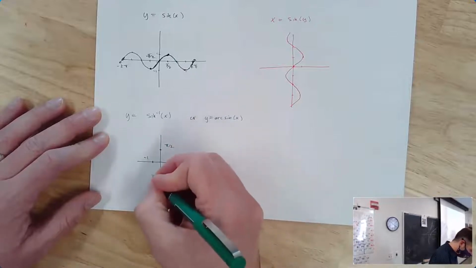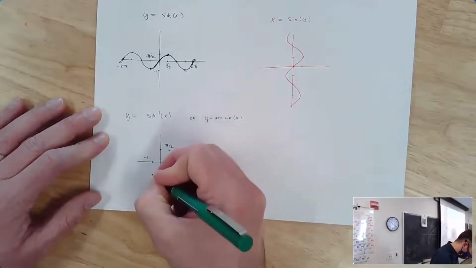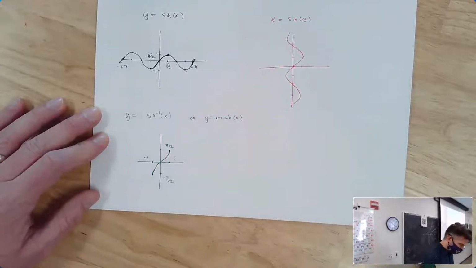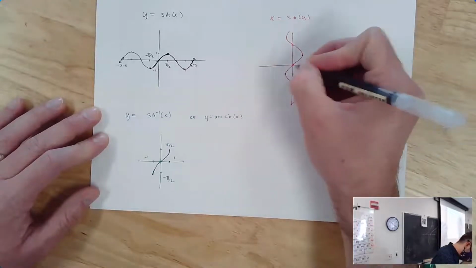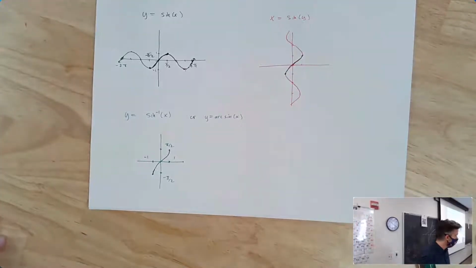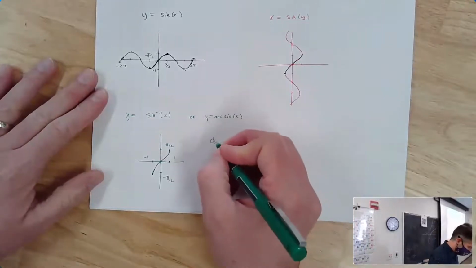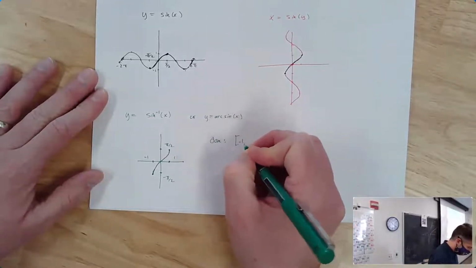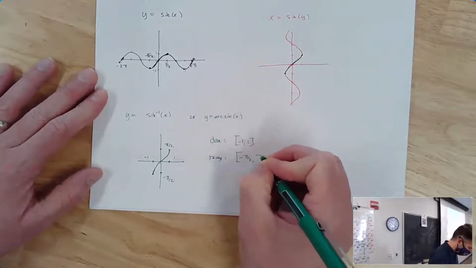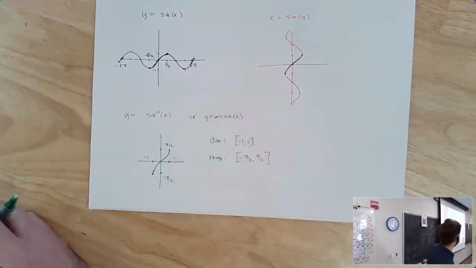And it's going to look like this. It's just this section of the inverse relationship. So there's the entirety of the inverse sine graph. There's not a lot to it. Domain, negative 1 to 1. Range, negative pi over 2 to pi over 2.